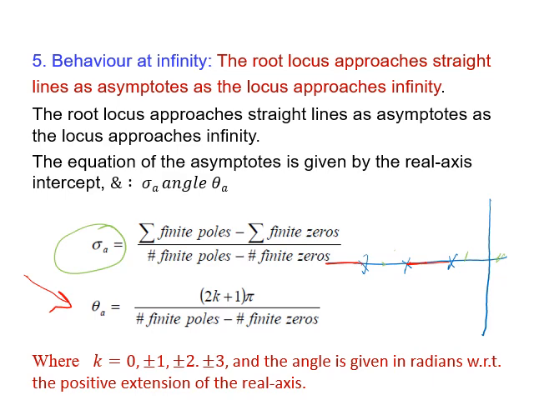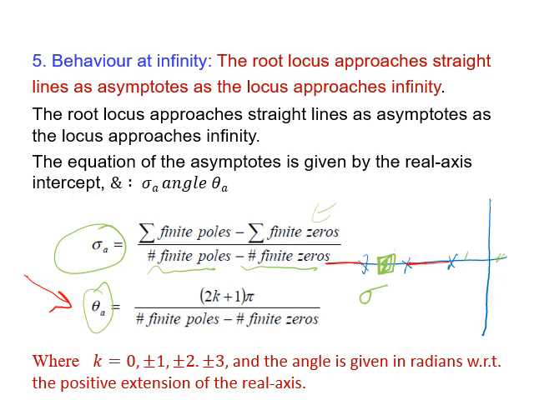Sigma is equal to the summation of finite poles minus the summation of finite zeros existing on the S-plane, divided by the number of finite poles minus the number of finite zeros. Let us say we calculate them and we found that the point is here. This is sigma.